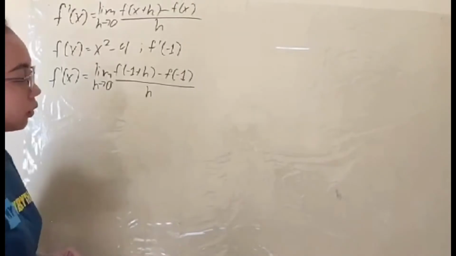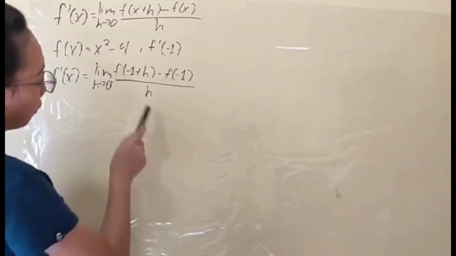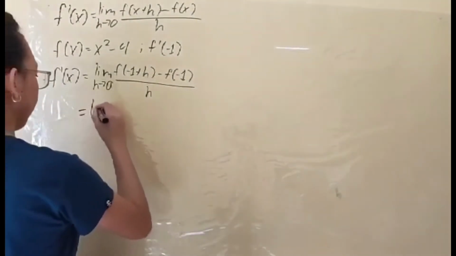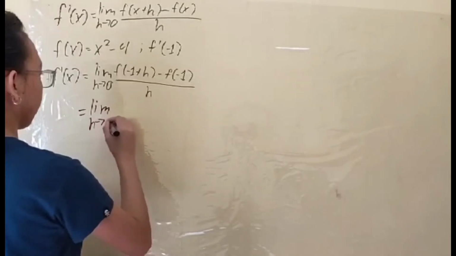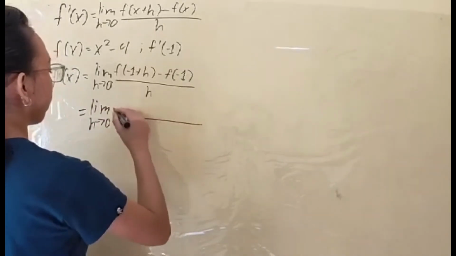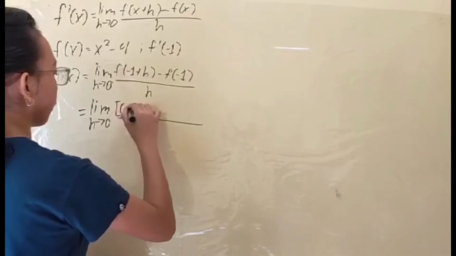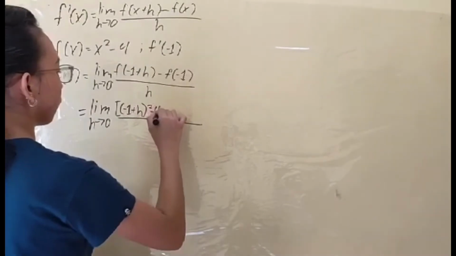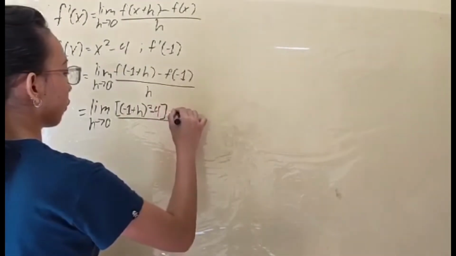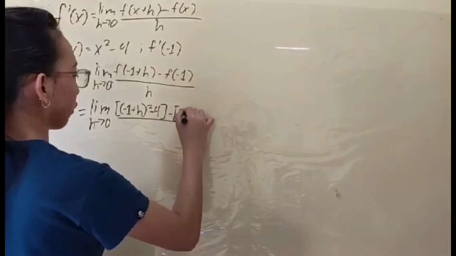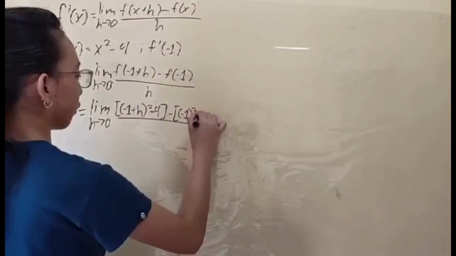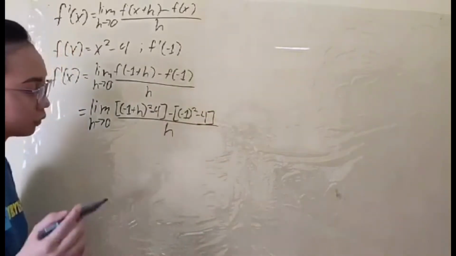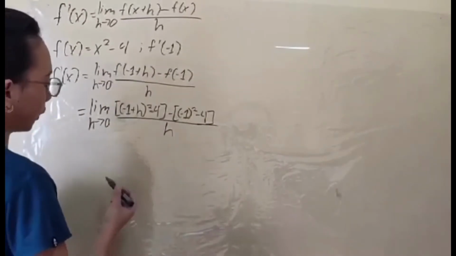After that, we need to evaluate the function with negative 1 plus h and negative 1. Then, expand the binomial and perform the necessary operations.